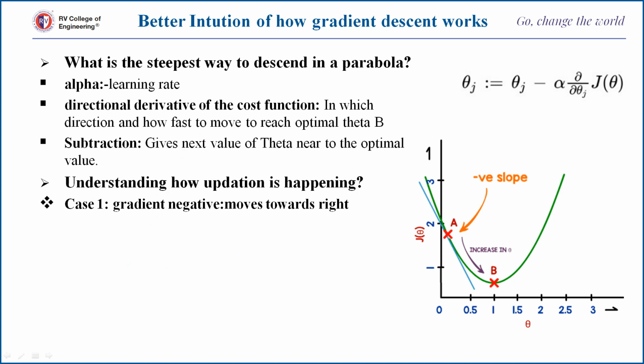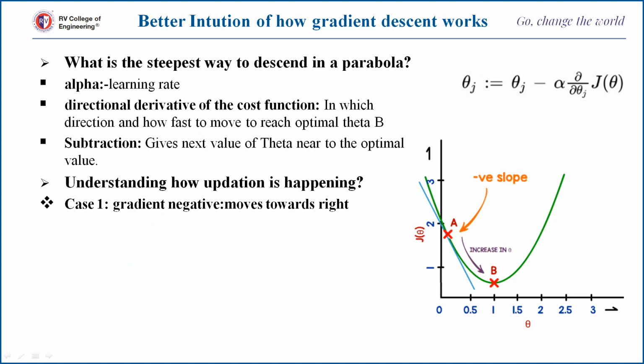Here we are subtracting the directional derivative of the cost function at each iteration. The directional derivative gives us the direction, whether we should increase the value of theta in the next iteration to reach B, or decrease the value. So in which direction we should move and how fast we should move, it gives that information.